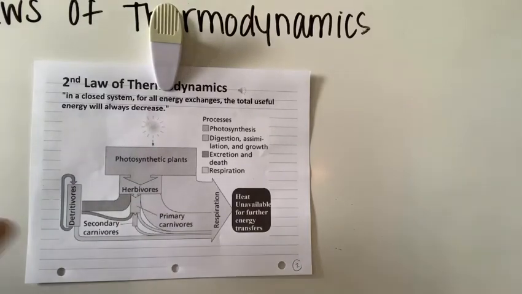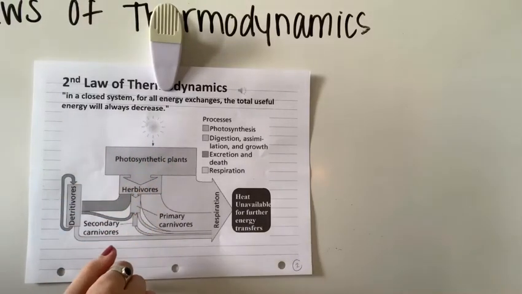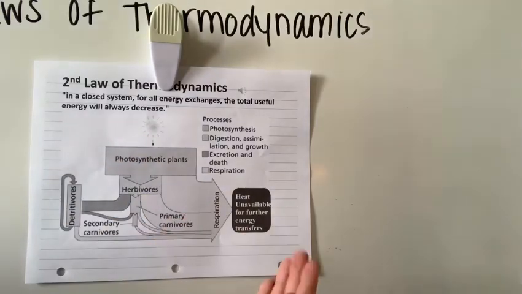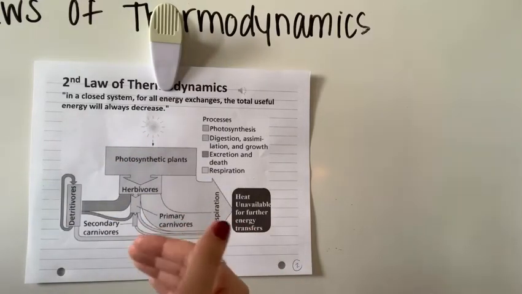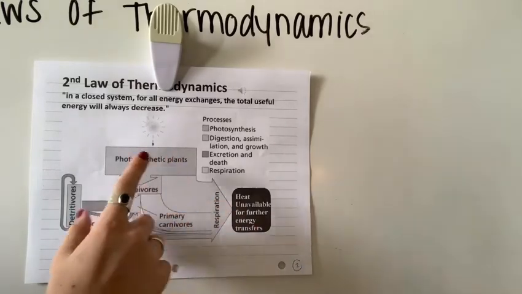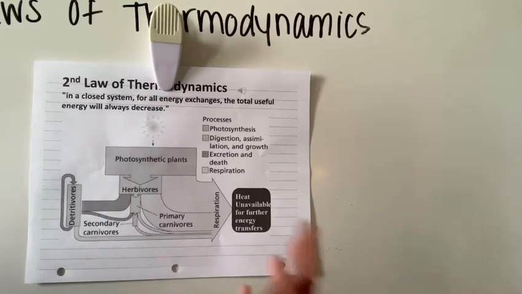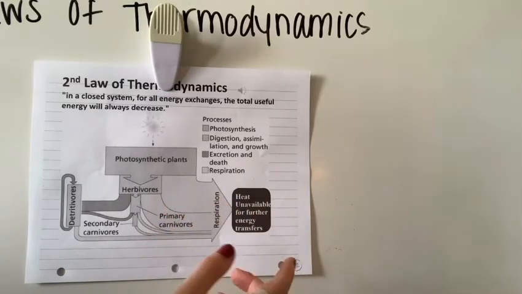So pretty much what this flow chart is representing, obviously all of our energy stems from the sun. And then we know that energy stemming from the sun is used up by photosynthetic plants. They are the first step in utilizing that energy and starting the flow of everything.